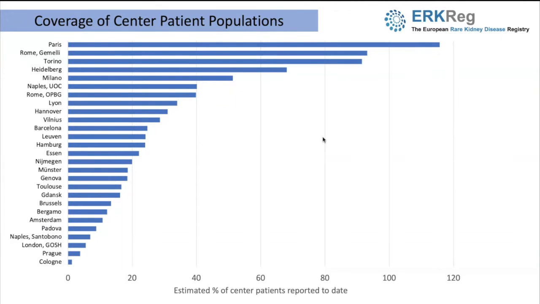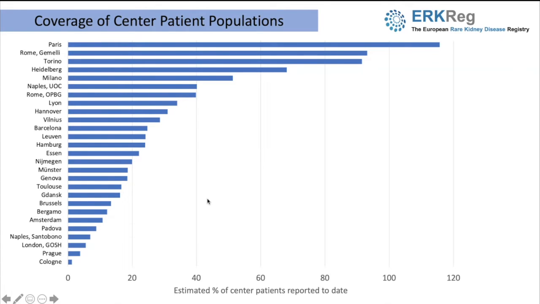We also know how many patients are in the individual centers from their applications from 2016 and then from the monitoring data they provided later on. So we have a rough idea of how many rare kidney disease patients are treated in our member centers. And we can calculate the fraction of these patients they have already enrolled in the registry.